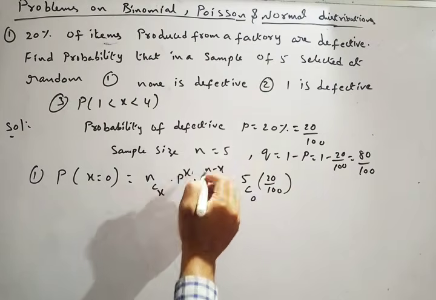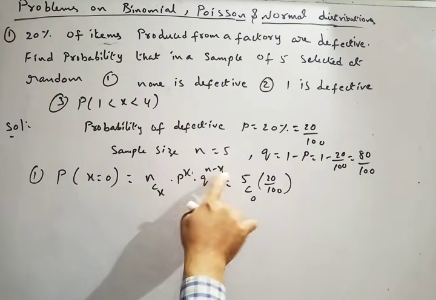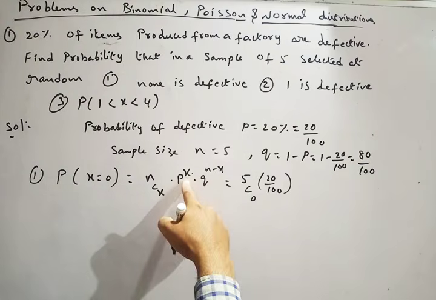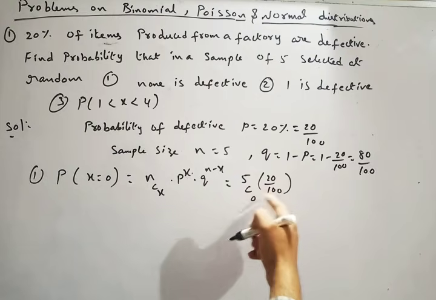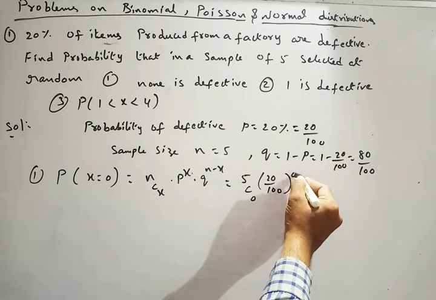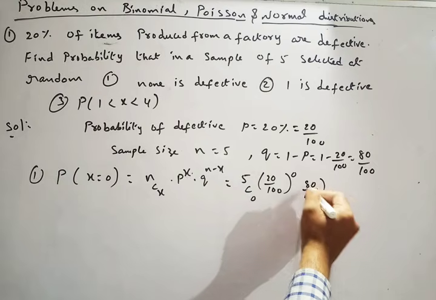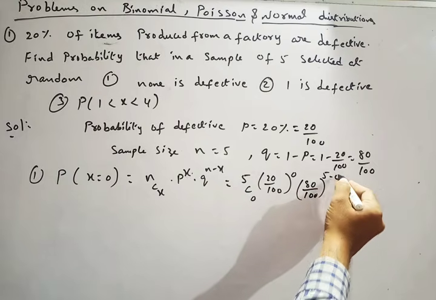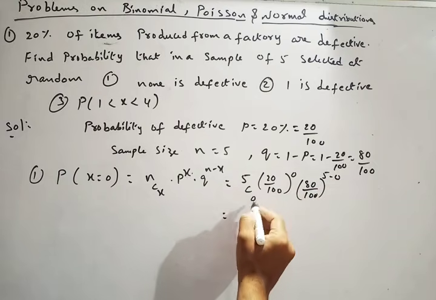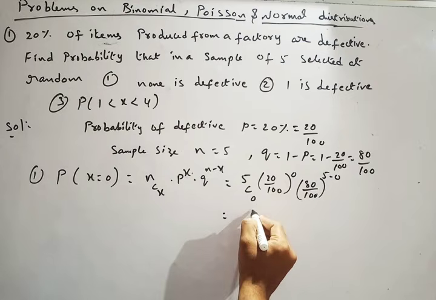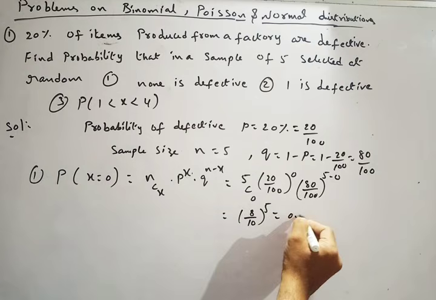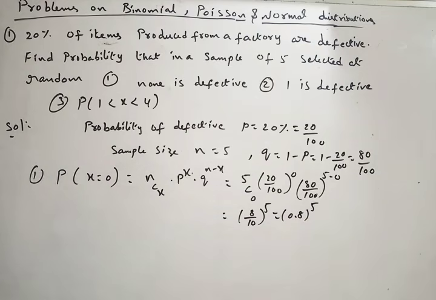You can take r or x, whichever you prefer. q is 80 by 100 whole power n minus x, that is 5 minus 0. So 5C0 is 1, and anything power 0 is 1. So I get 8 by 10 power 5, that is 0.8 power 5. Take the calculator and simplify it.